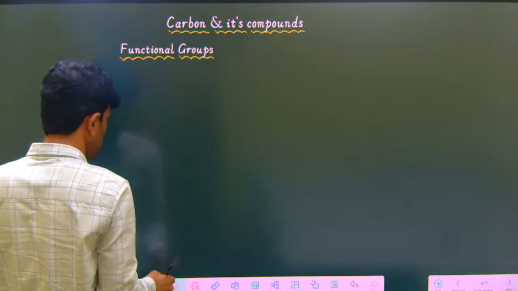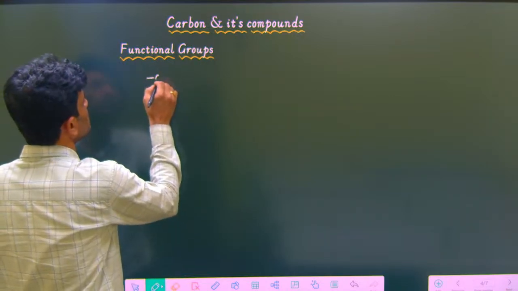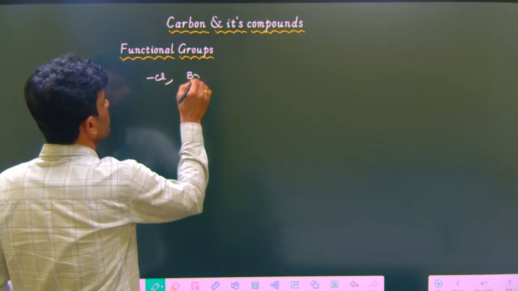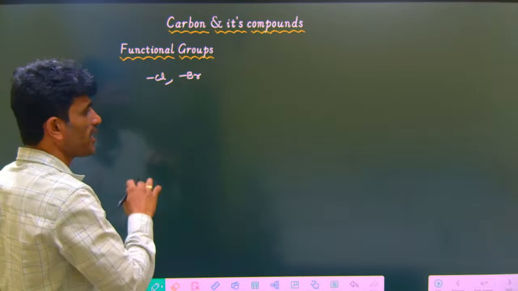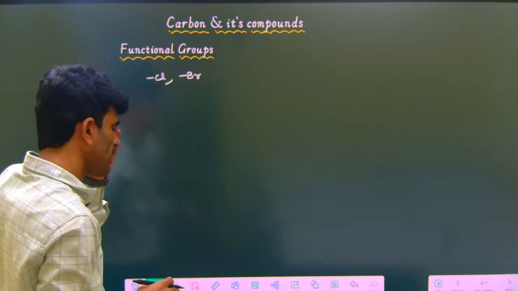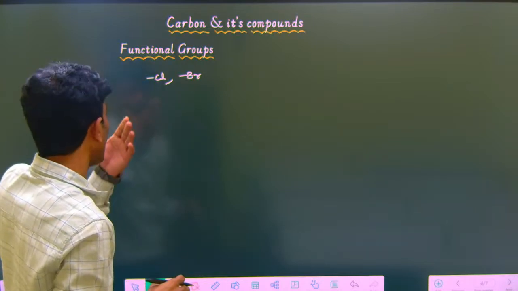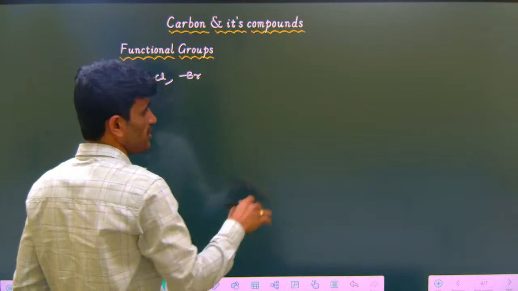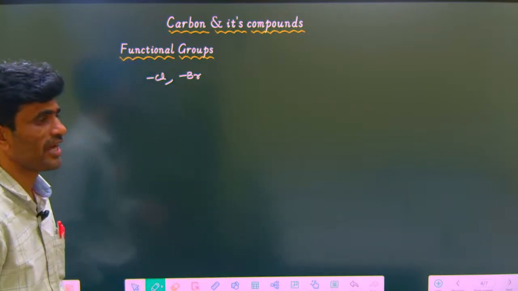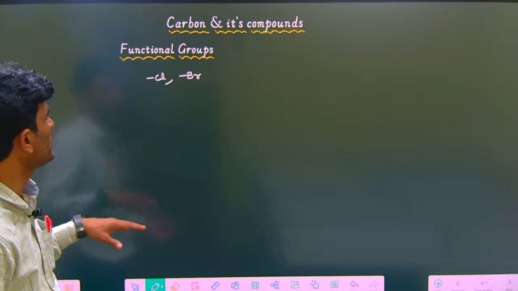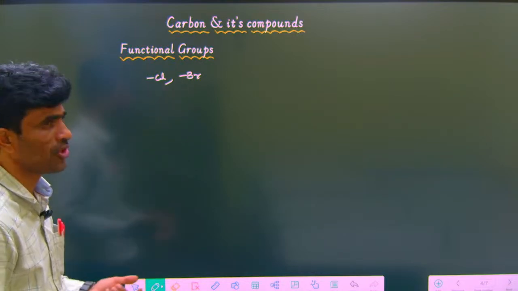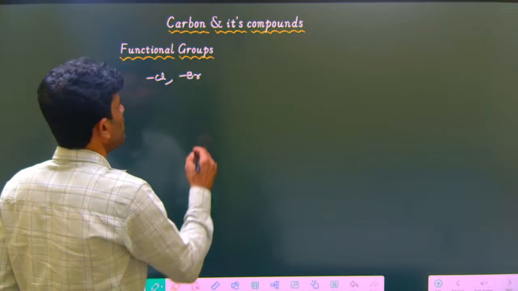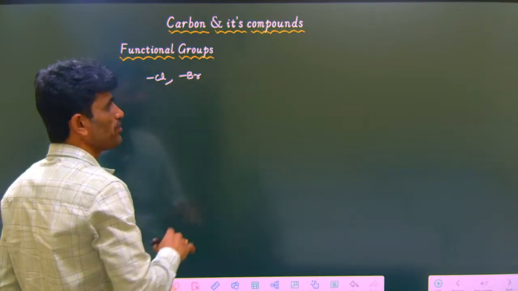If halogens like chlorine or bromine displace hydrogens in a hydrocarbon, we call it a halogen group, and its name is given as a prefix.